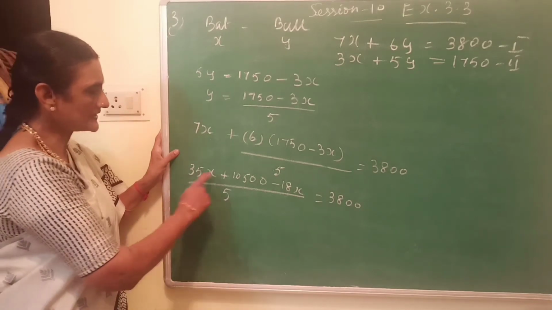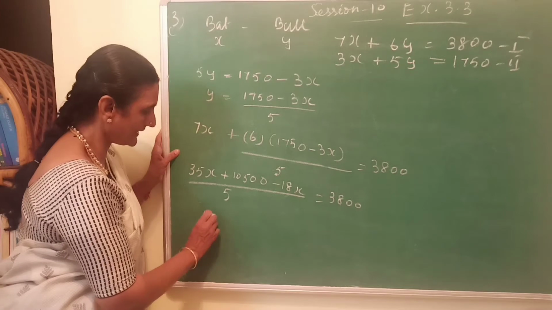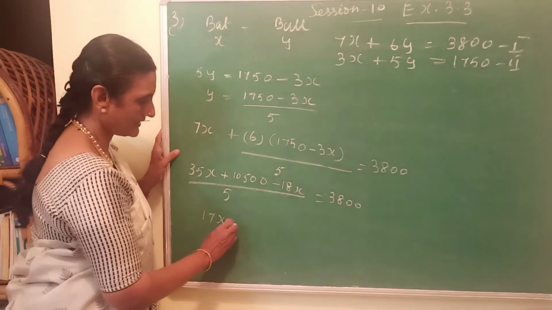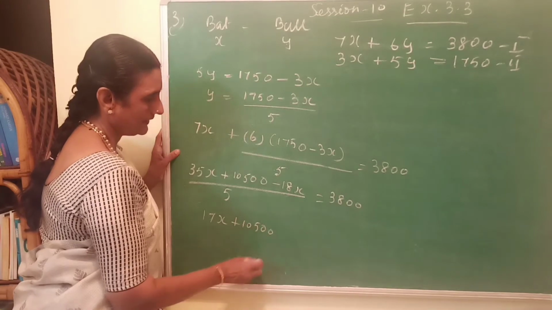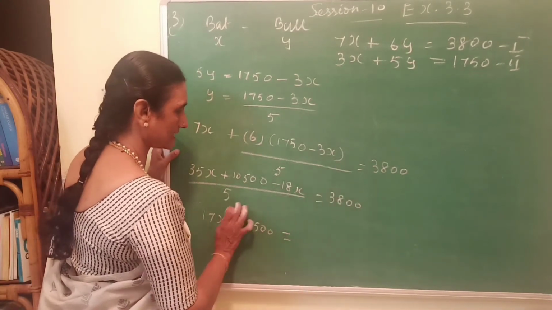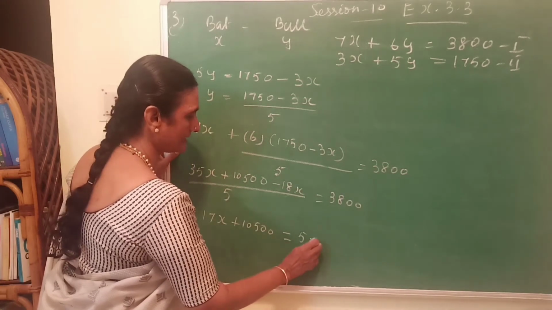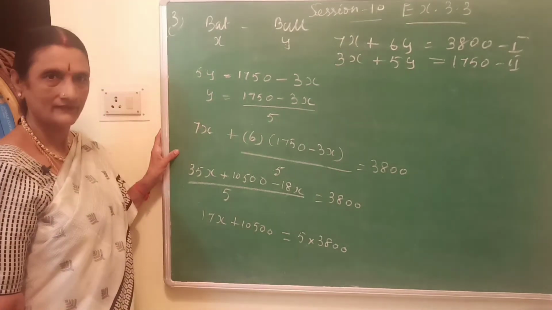Now, if you simplify 35x and 18x, what do we get? We will get 17x plus 10,500. Now this 5 is transposed to the RHS, cross multiplication. You will get 5 into 3,800. Correct?